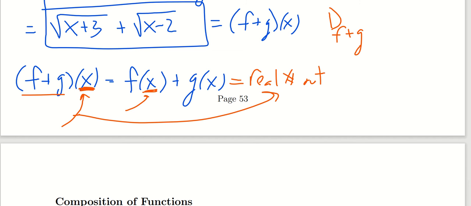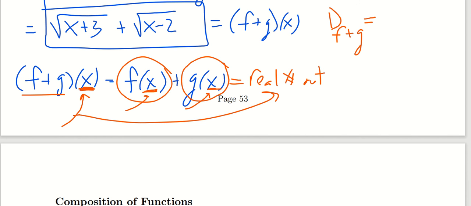If we plug a value into f plus g of x, then according to this formula, that value gets plugged into f, and that value also gets plugged into g. As long as x is in the domain of f, then we'll get a real number out of this piece. And if that same x also happens to be in the domain of g, then we will get a number out of this piece. And no matter what two real numbers you have, we can add them together, which means we'll be able to get an output for f plus g.